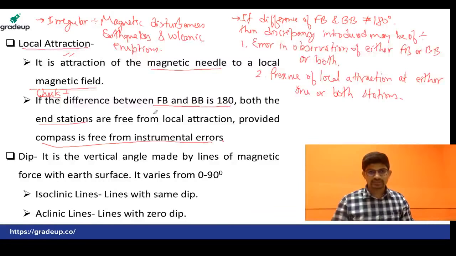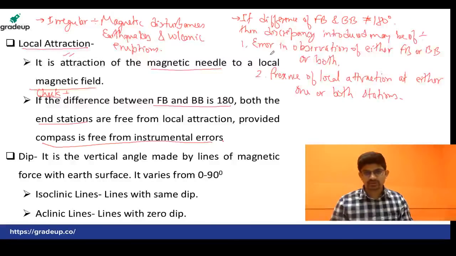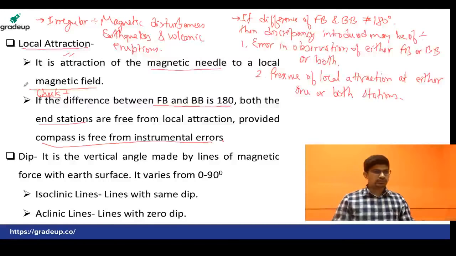If the difference is 180 degrees, then we consider that both ends are free from local attraction and the compass is free from instrumental errors, provided this is the condition here. But if the difference is not equal to 180 degrees, then the discrepancy may be due to first, error in taking observations, or presence of local attraction. Okay, so this was about the local attraction. A couple of things will get clear when we take a numerical.